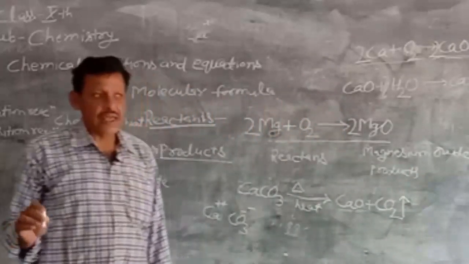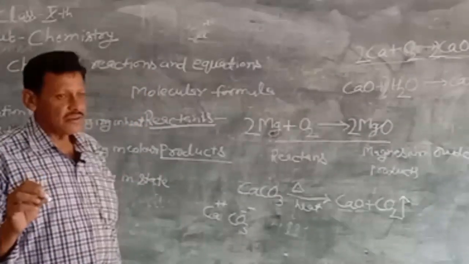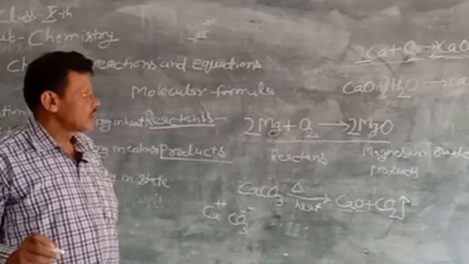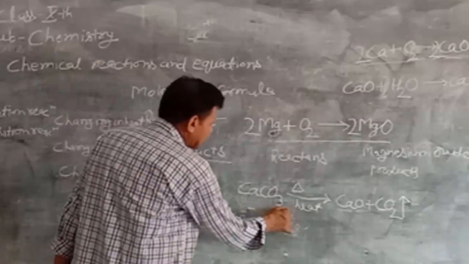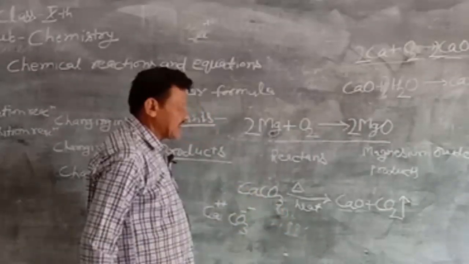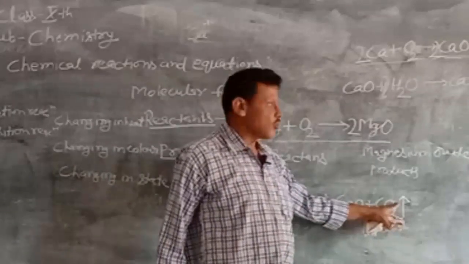We use various types of signs in chemical reactions. For solid state, we write S. For gaseous state, we give an upward arrow mark.